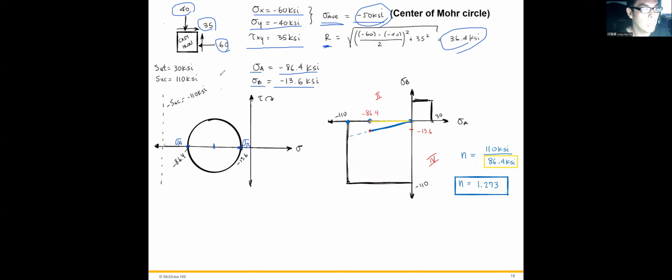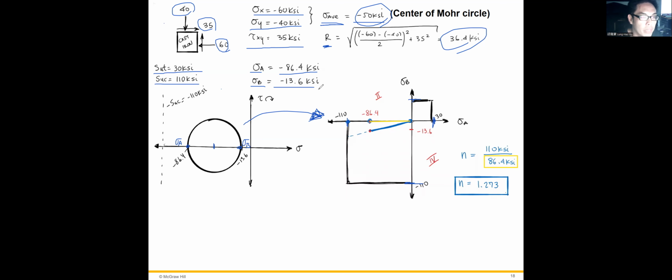Okay, so for the cast iron, whose ultimate tensile stress is 30 KSI and ultimate compressive stress is 110 KSI, we can draw the stress envelope. We know the ultimate SUT is 30 KSI and SUC is 110 KSI.